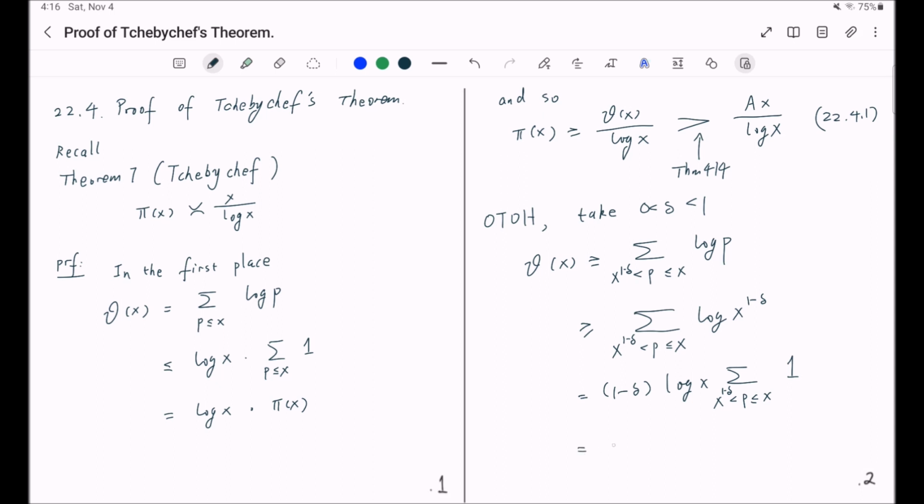And we simplify this. Using the definition of pi of x, the sum is equal to pi of x minus pi of x to the 1 minus delta.